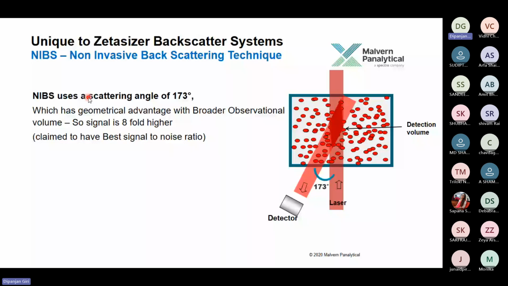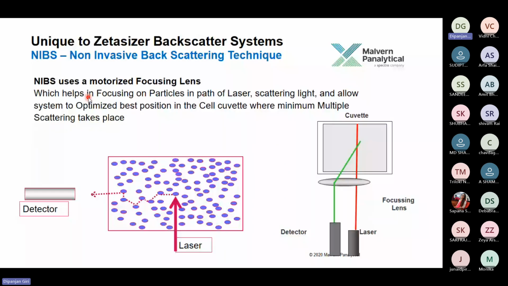The scattered light is detected at an angle of 173 degrees, which is why it is called backscatter detection. And the optics are not in contact with the sample, so the detection optics are said to be non-invasive, right? This is the non-invasive backscatter system.